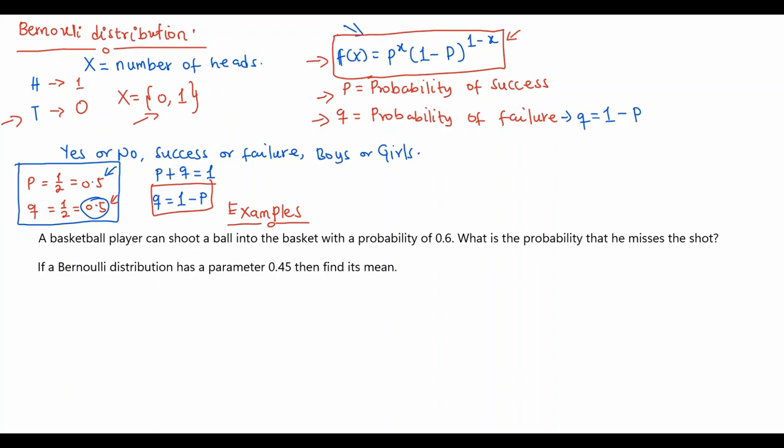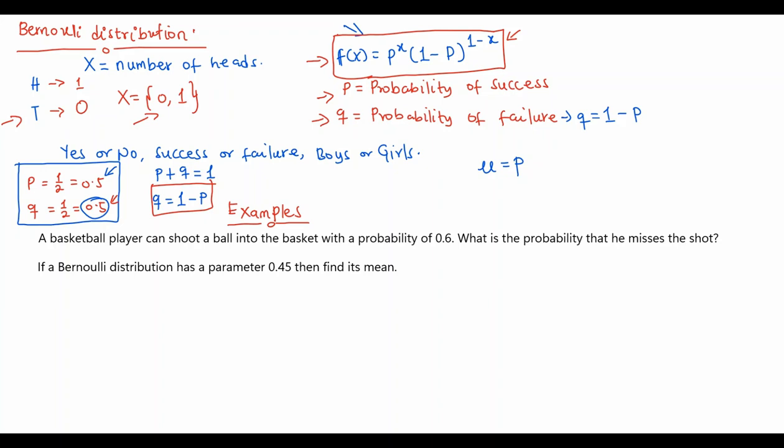Okay, so now let's look at how you can find the mean and variance for discrete random variables that have Bernoulli distribution. Okay, so the mean in this case is given as p, which is the probability of success. So if a random variable x has a Bernoulli distribution, then its mean will be the same as the probability of success.